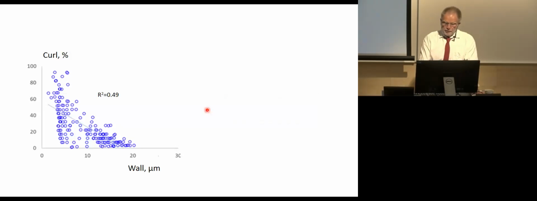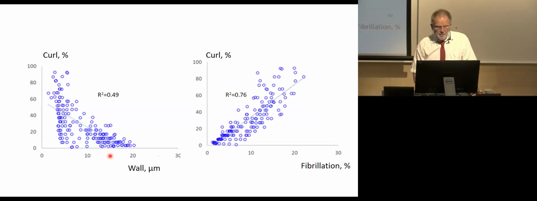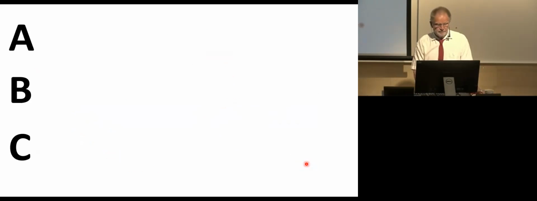So you can also use this to extract subsamples, and then you can compare wall to curl. You can see it goes in that direction, but with an even closer calculation of curl correlation, you go by fibrillation. So behind that single average, you can make a lot of subsamples. And you can even extract what Forgacs did in 1963, based on a single sample.